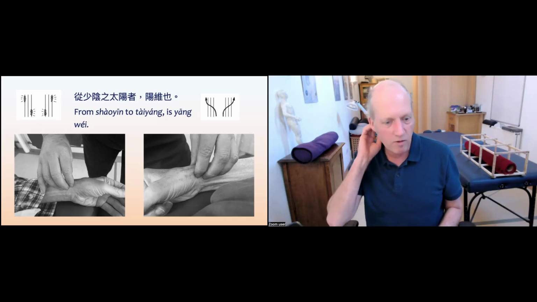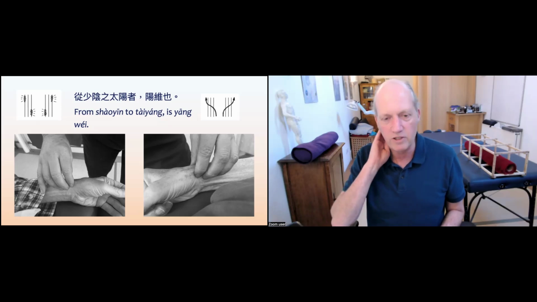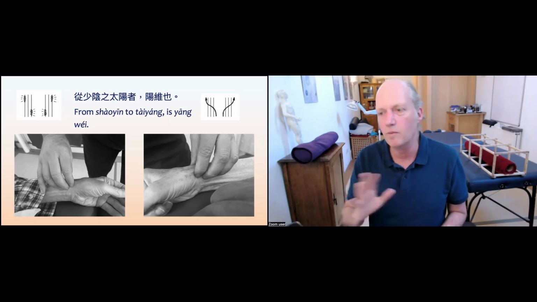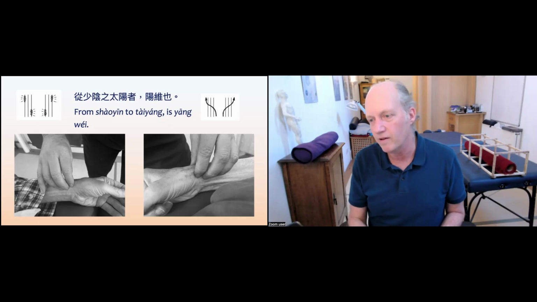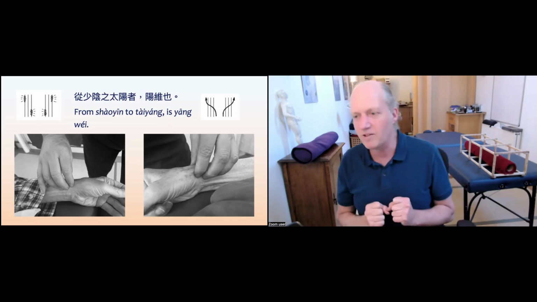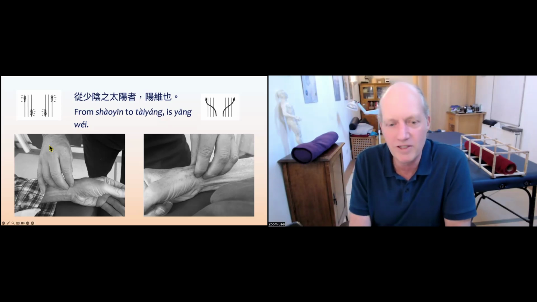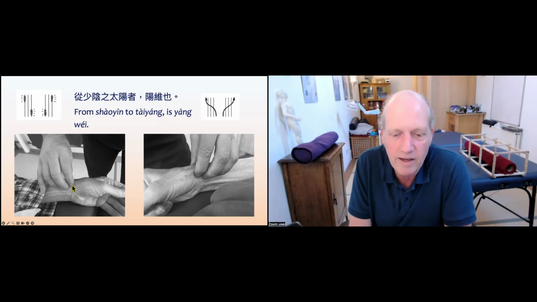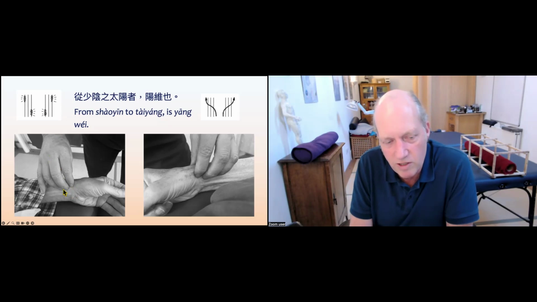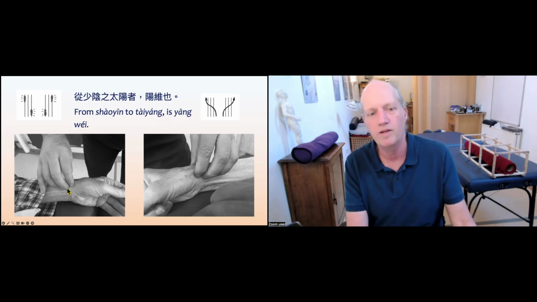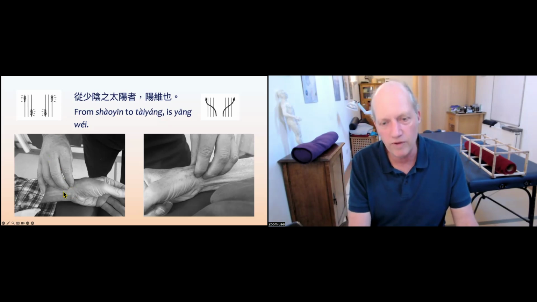Okay, so when people have got yang deficiency and they say they can't stand up, I often think about the du mai, and I was thinking, great, this is going to be a good du mai presentation, but it totally wasn't. It still felt really big. In fact, there was something of the du in it as well, because it was just so much like a rope going up, but it definitely was moving out.